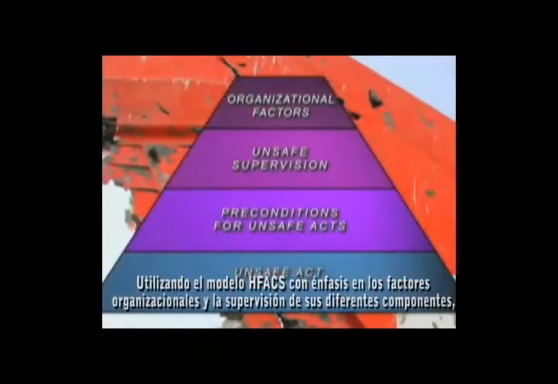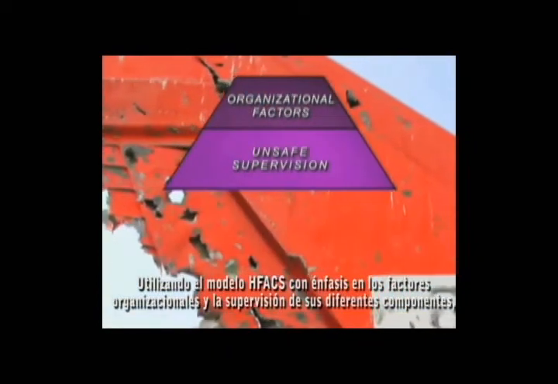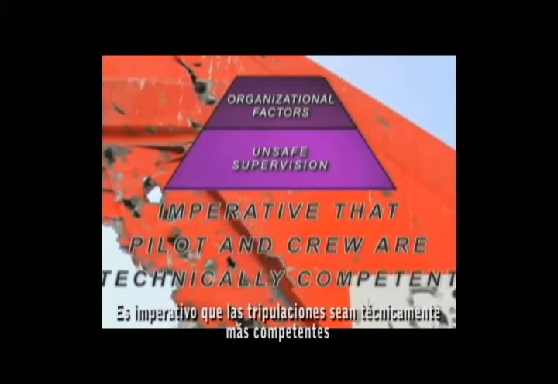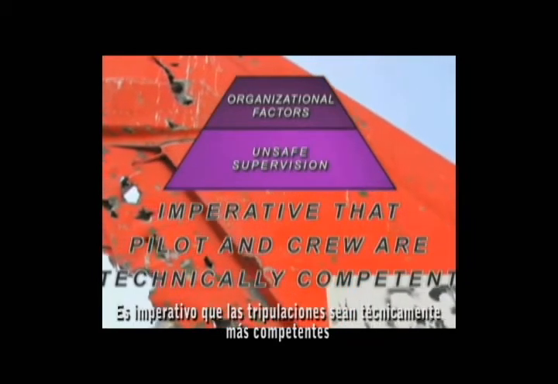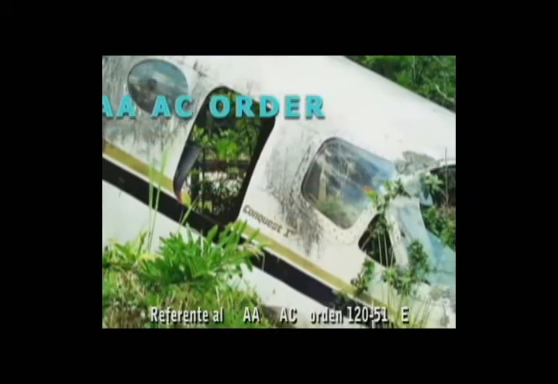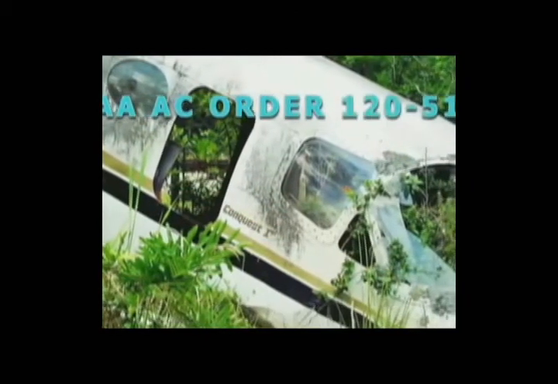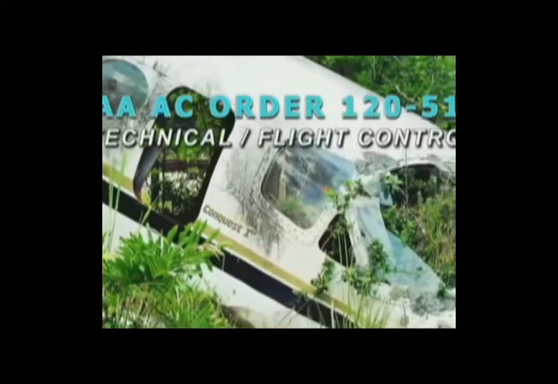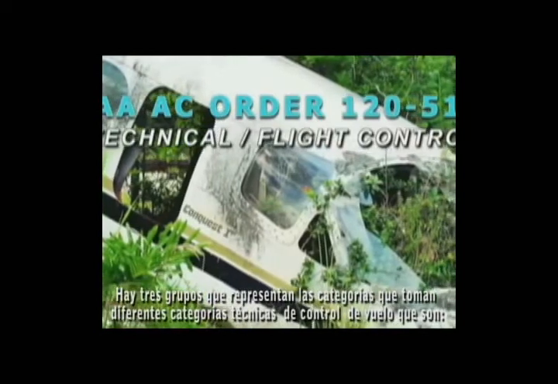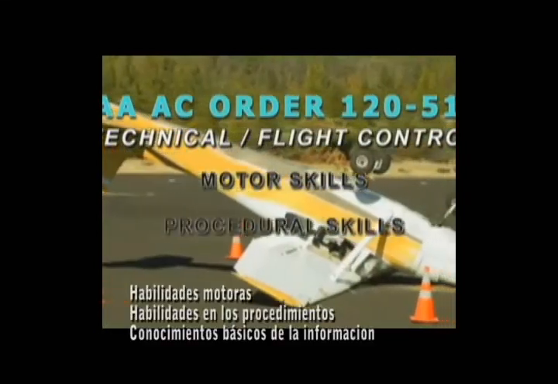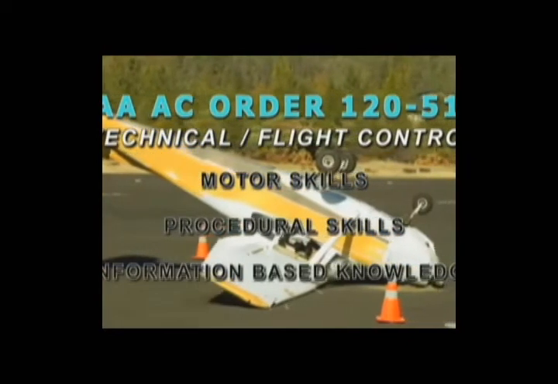Using the HVACs model, with emphasis on organization and supervision components, it is imperative that the pilot and crew are technically competent. Referencing FAA-AC Order 120-51E, there are three clusters that depict the technical flight control category. They are motor skills, procedural skills, and information-based knowledge.